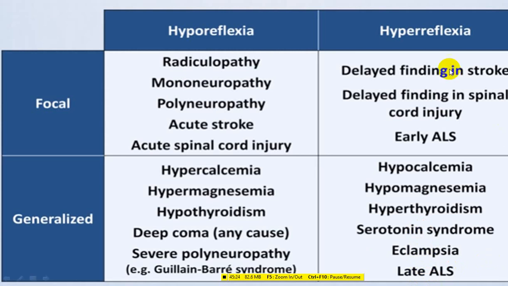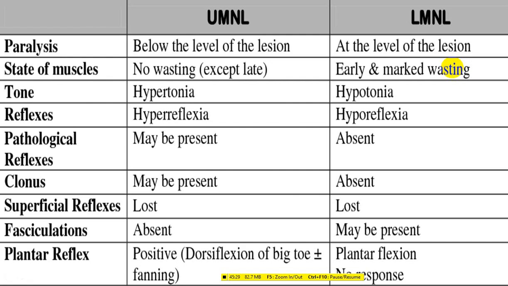But by and large, we come across stroke and paraplegia. So in upper motor neuron palsy, we know that below the level of lesion you will have involvement of the muscle, the power will be diminished, the muscle will show wasting in a late stage, tone will be hypertonia, reflexes will be hyperreflexia, brisk, and clonus may be elicitable.